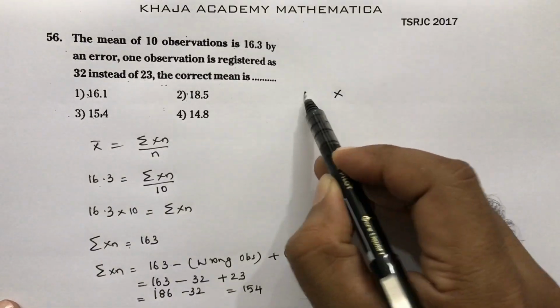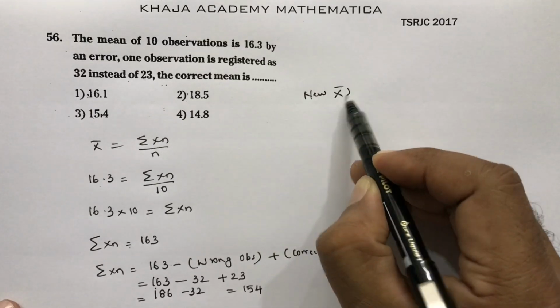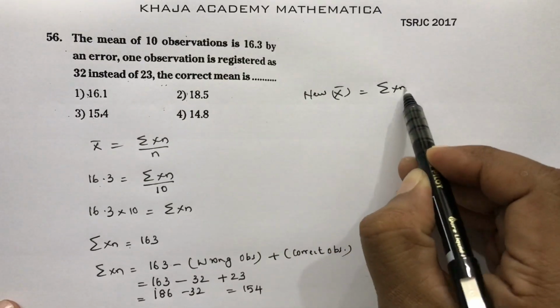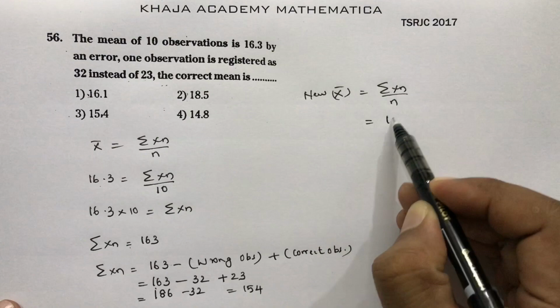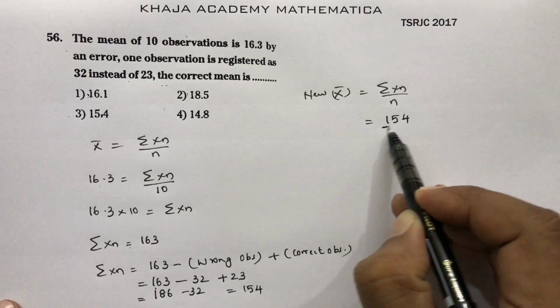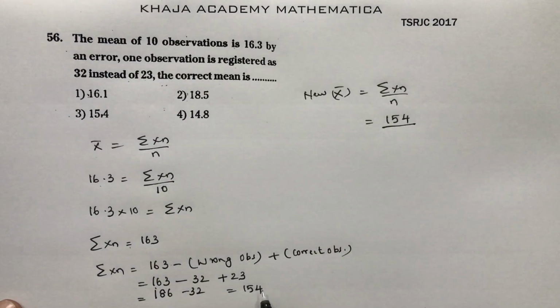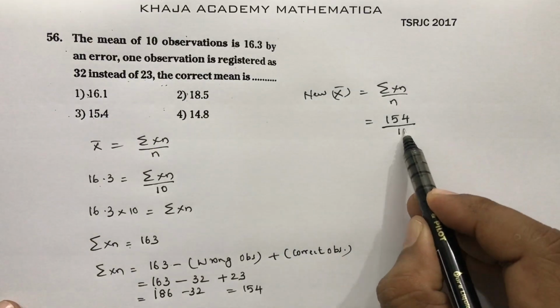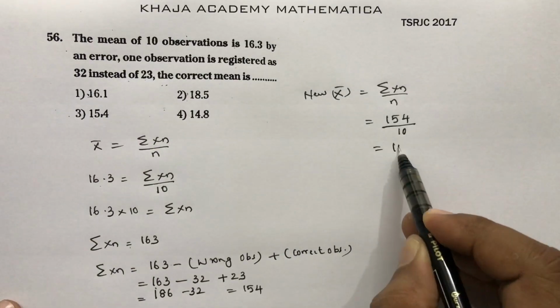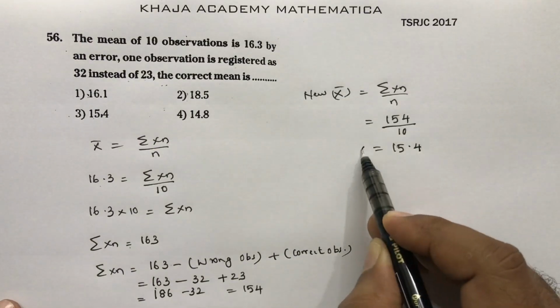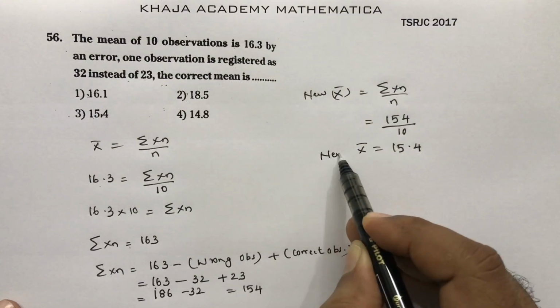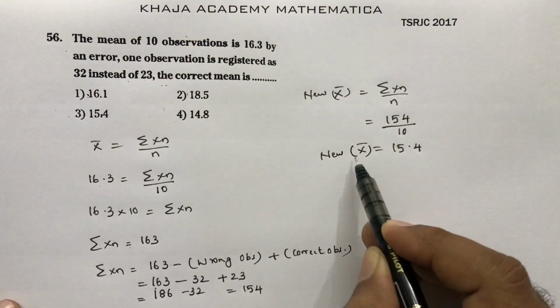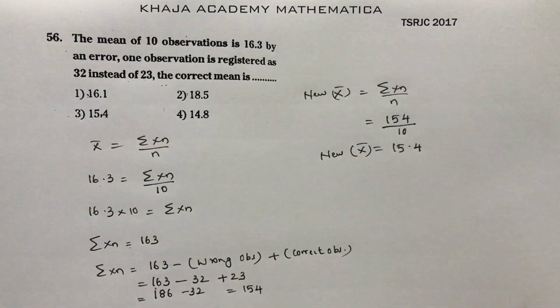So the new mean is the sum of the observations by the number of observations, 154 by 10. So 15.4 is the new or corrected mean.